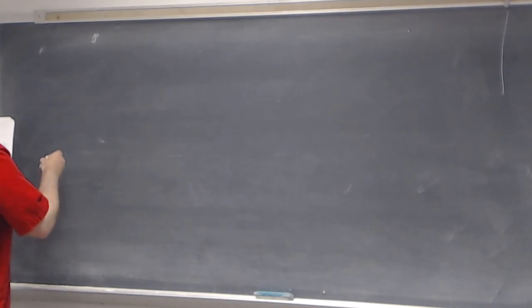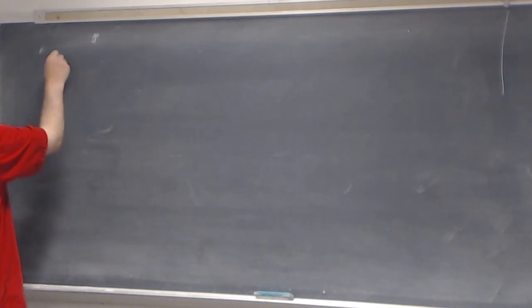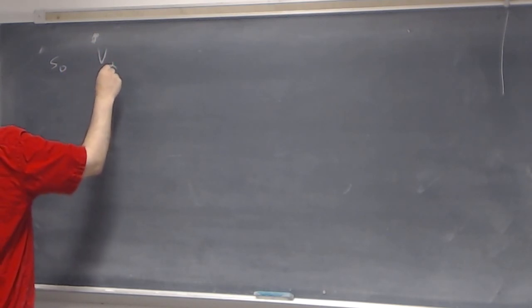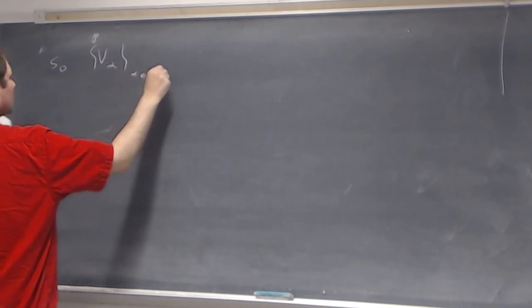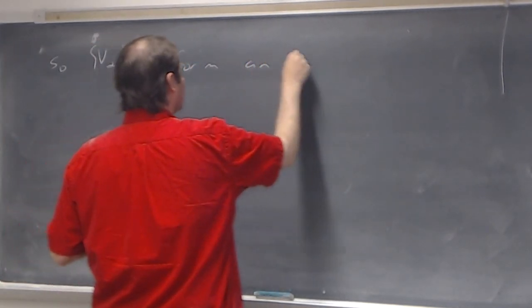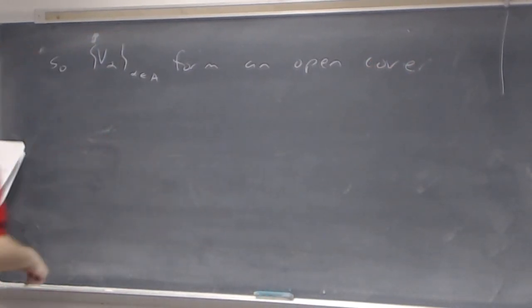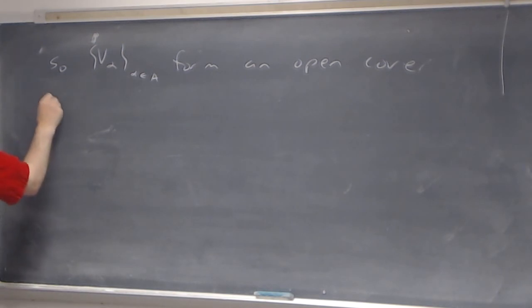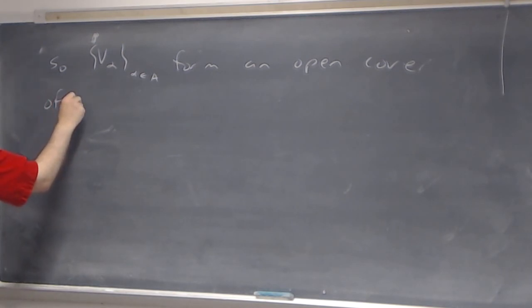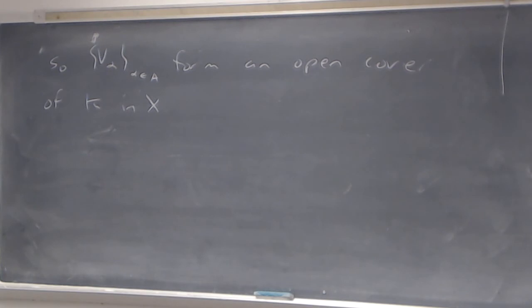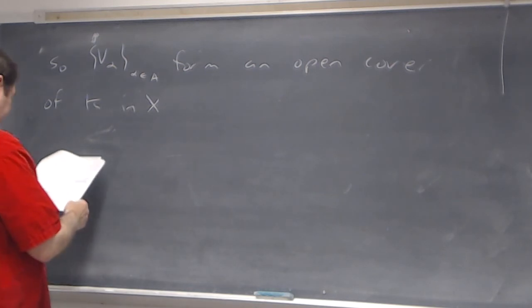Okay, so the V sub alphas then form an open cover of K in X. So that's what we have.